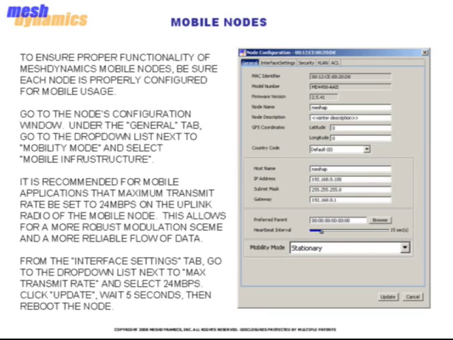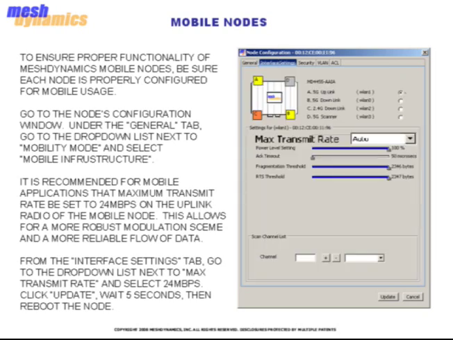Finally, we cover mobile node configuration. To ensure proper functionality of MeshDynamics mobile nodes, be sure each node is properly configured for mobile usage. Go to the node's configuration window. Under the General tab, go to the drop-down list next to Mobility Mode and select Mobile Infrastructure.